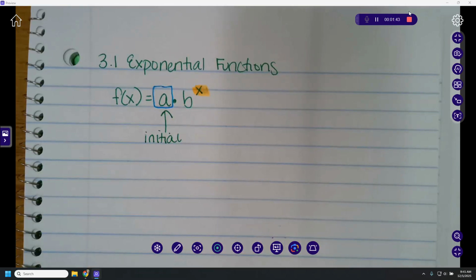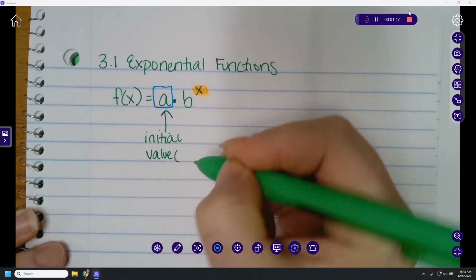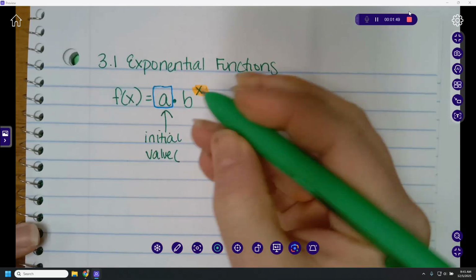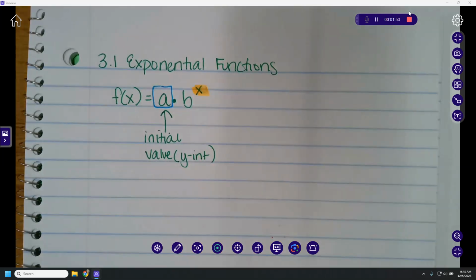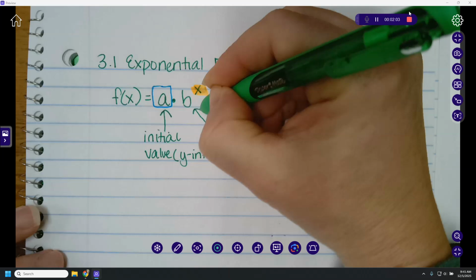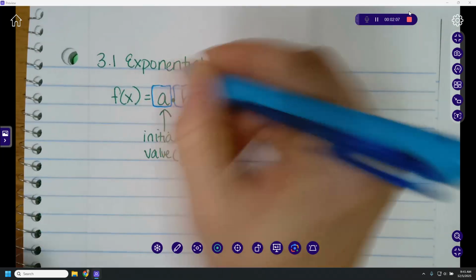a is going to be the initial value, also known as the y-intercept. So when we're graphing these, which we will in a minute, that's going to be our point, or an ordered pair, on the y-axis. Our b value is what I like to refer to as the multiplier.